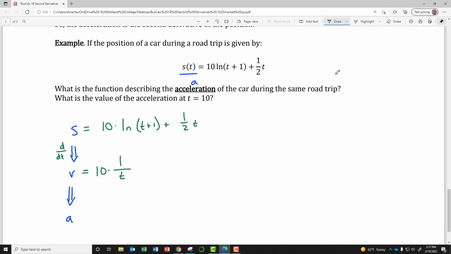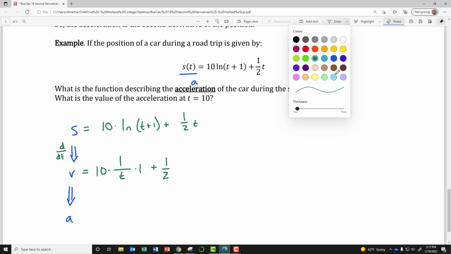That's what goes inside my natural log function. But the derivative of t plus 1 is also just 1. And so chain rule doesn't do very much for me there. Doesn't really affect things. Now using the power rule on 1/2 t gives me plus 1/2. And this is the function that describes the velocity as a function of time.